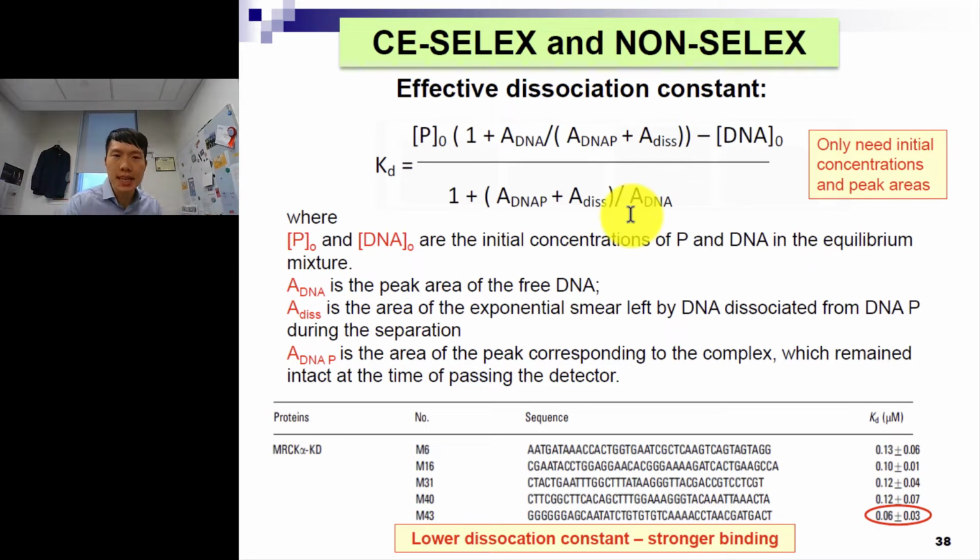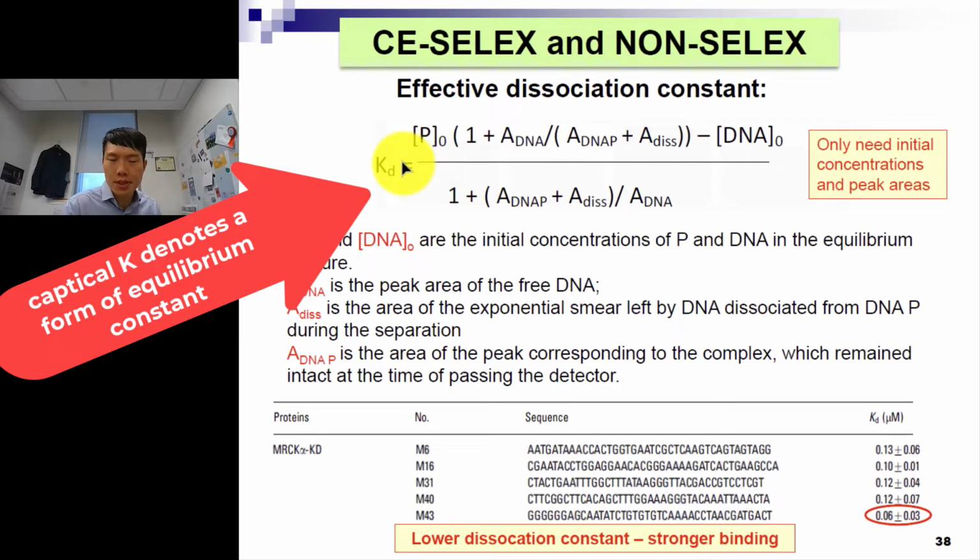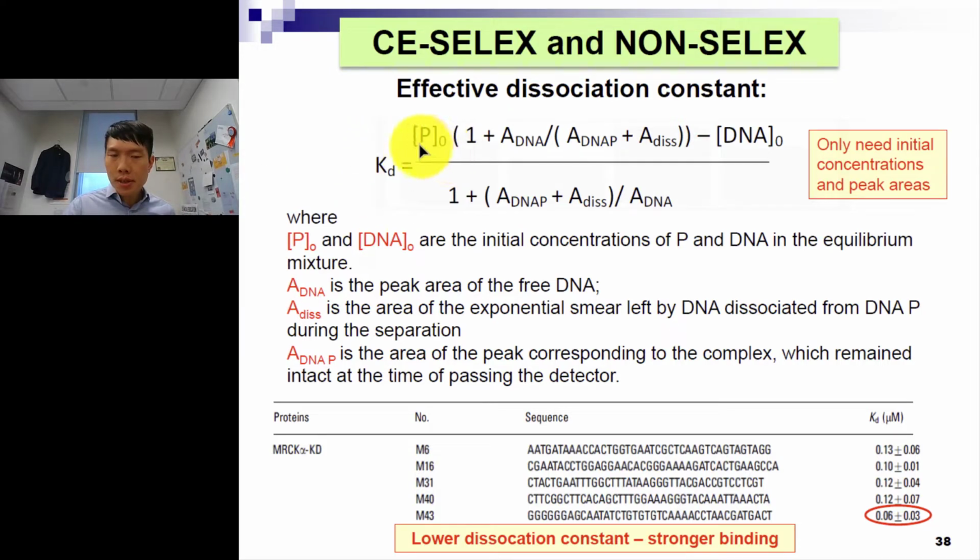And this is more of the kinetics part. Some form of equations: you see the dissociation constant, a kind of equilibrium constant, and you can just substitute the concentrations of the various particles there. What you would need is really the initial concentration and the peak area to do these calculations.